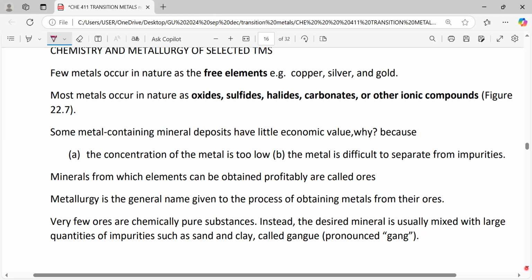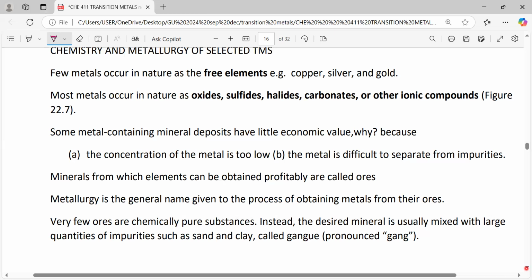It does react, okay? Most metals occur in nature as oxides, sulfides, halides, carbonates, or other ionic compounds. Some metal-containing mineral deposits have little economic value. Why?